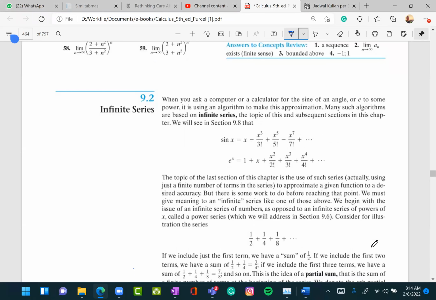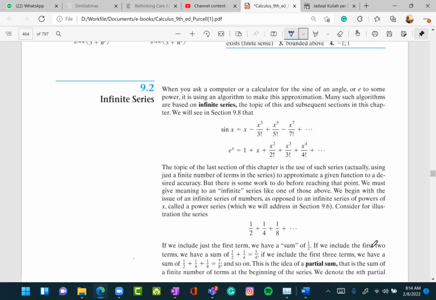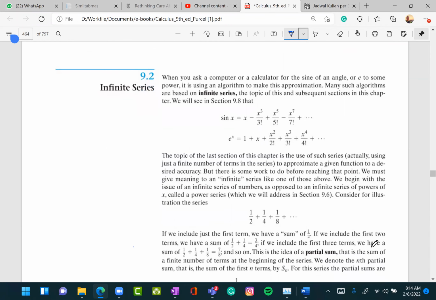Okay, so what we are doing now is we call the infinite series, or just series, right? When we call it a series, it's always infinite. What we call a series is an infinite sum.